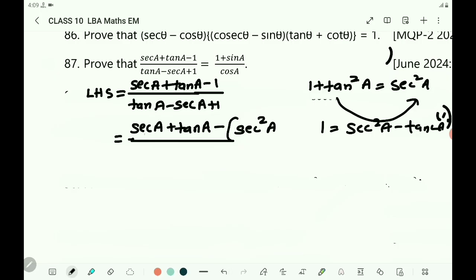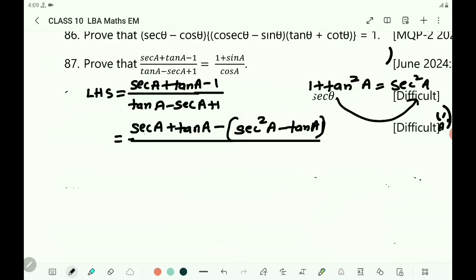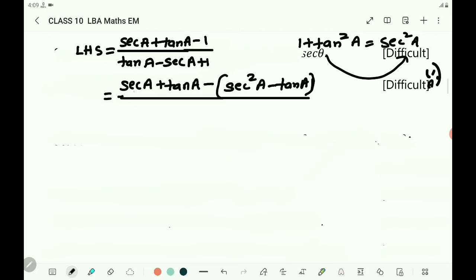Secant square A minus tan A by tan A minus secant A plus 1 equals.